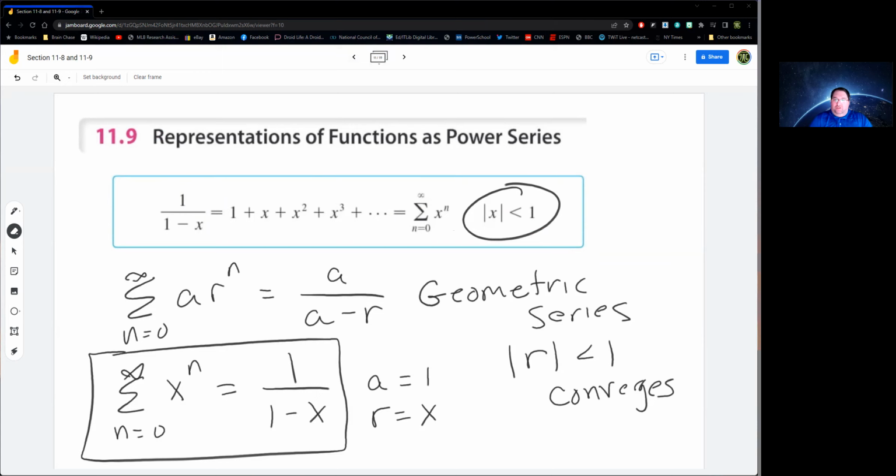So it's a very useful piece of information, as long as I can make it fit into this geometric series or to a series that I know. We're doing the geometric series, but this isn't the only one that would work. As long as you have any series that you know goes to a very specific value, you can do this. The only one that we know off the top of our heads that we've done is the geometric series, so that's why we're focusing on this one.